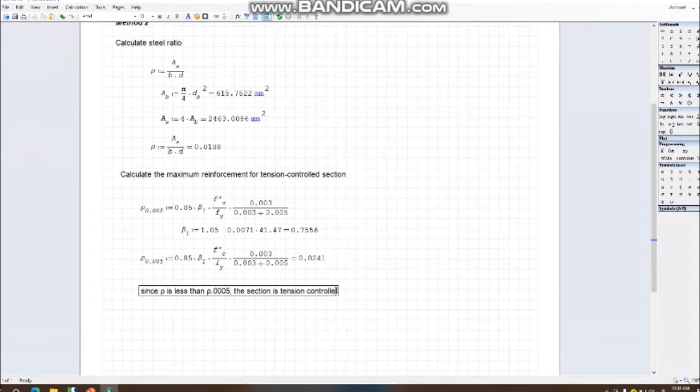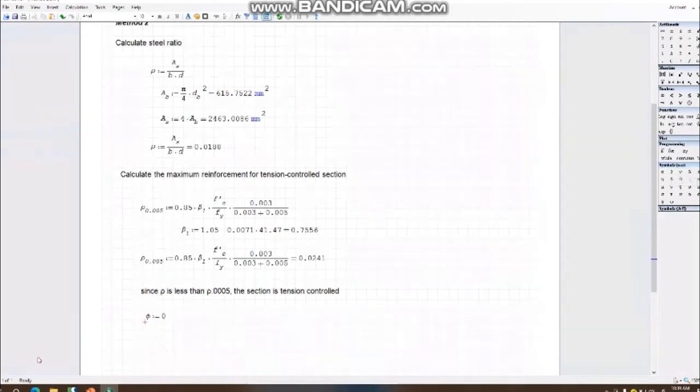So when it is tension control, then our reduction factor is 0.9. Okay.